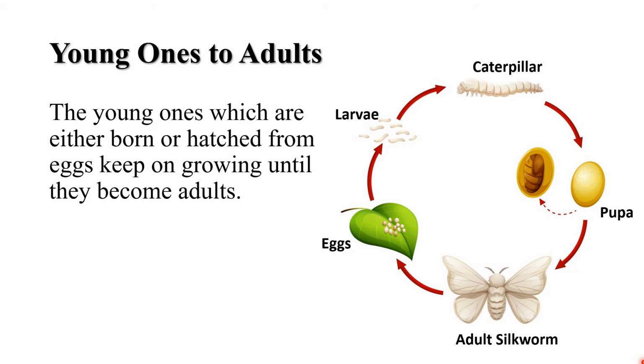For example, in case of an insect like silkworm, the caterpillar is different from the adult moth, and the life cycle of the silkworm is egg. The egg further develops into larva, and larva develops into caterpillar, and this caterpillar develops into pupa, and from the pupa an adult silkworm is produced.